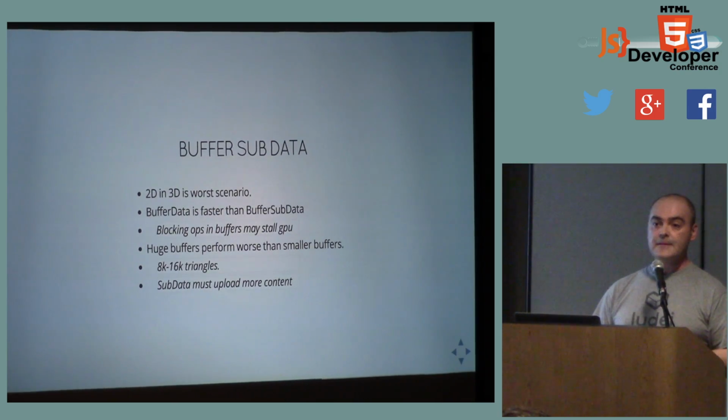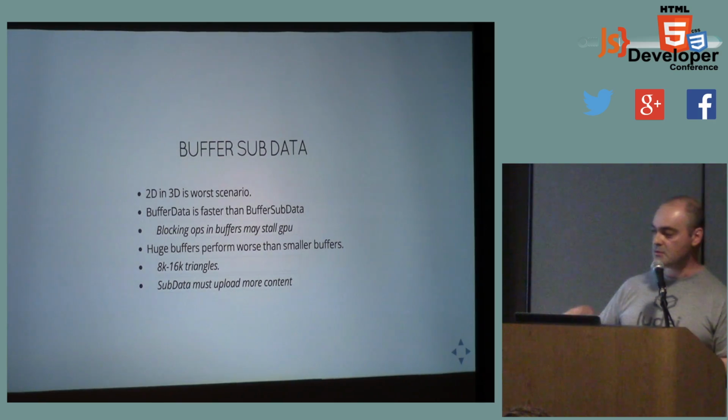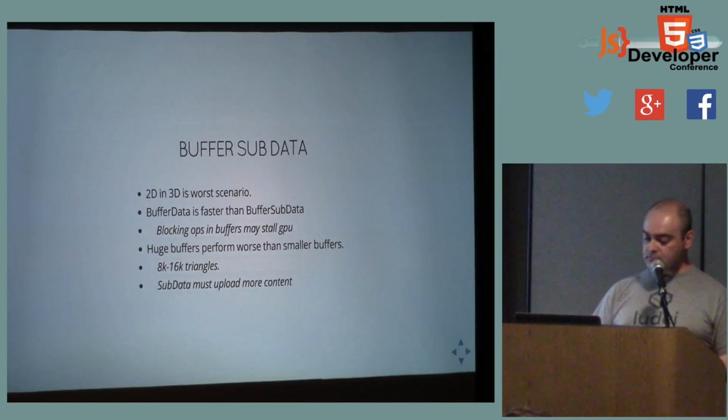And mobile GPUs on average don't behave appropriately if you define a buffer of, I don't know, 256 megabytes or stuff like that. So you should be down to earth and realize that probably 8 to 16K triangles are going to be more than enough. So if you don't want to stall your GPU, stick to these things.